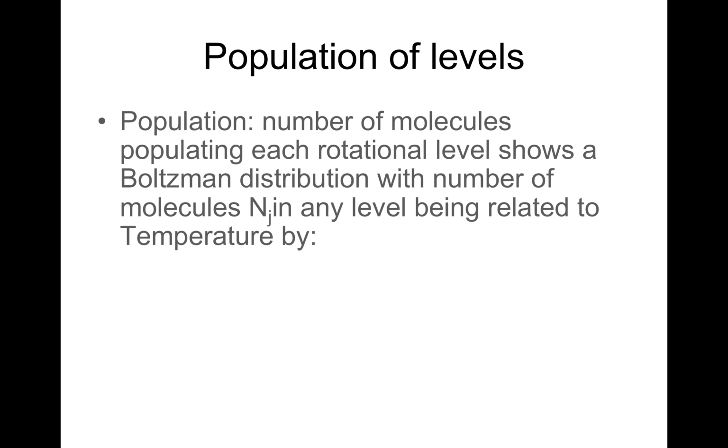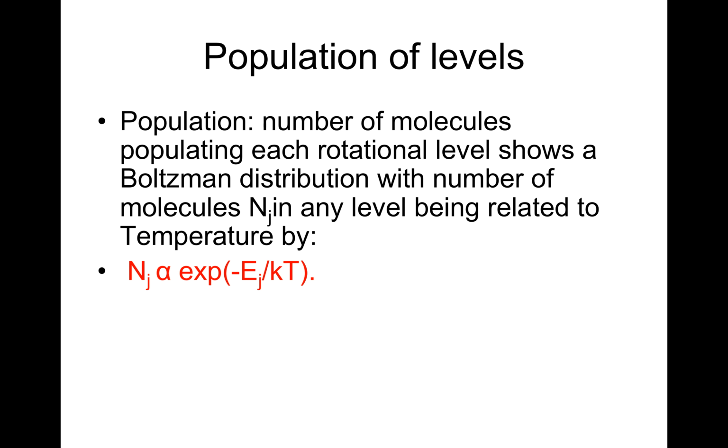Population of levels. This is the number of molecules populating each rotational level. It shows a Boltzmann distribution, with the number of molecules Nj in any level being related to temperature by Nj proportional to exp(-Ej/kT).